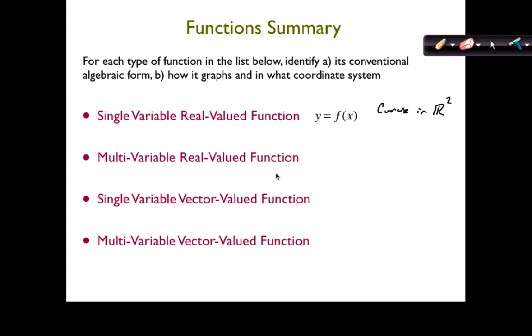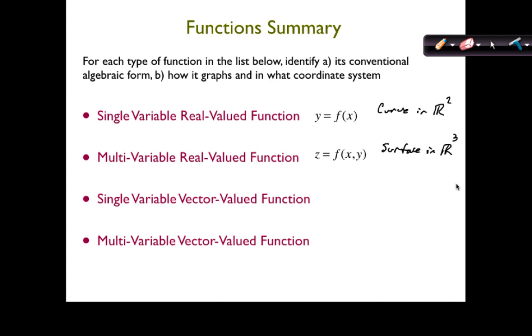So one value from a combination of multiple independent variables. So in our course, we've commonly seen z equals f of x, y. And how does that graph, and where does it graph? What do you think? Surface in R3. It's been most of the course for us, all right?